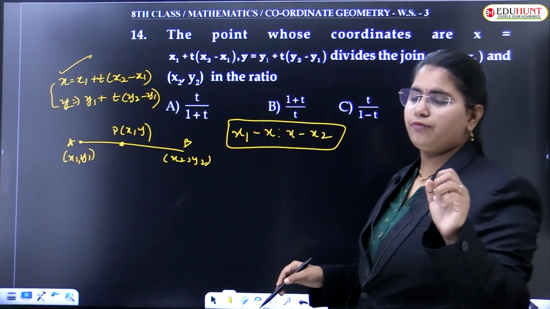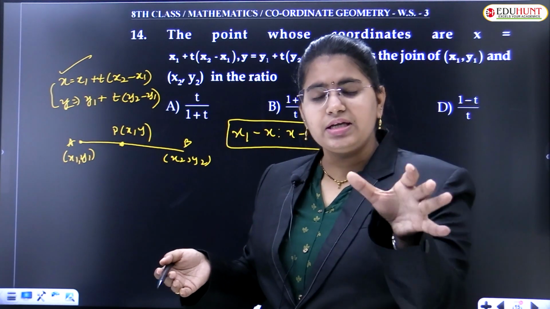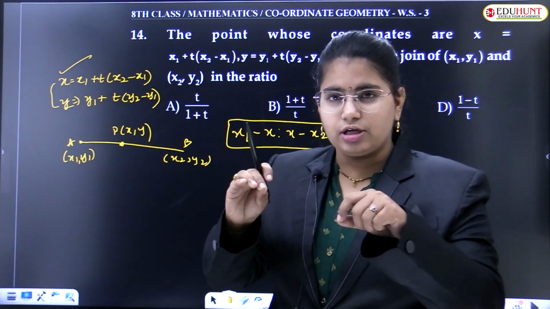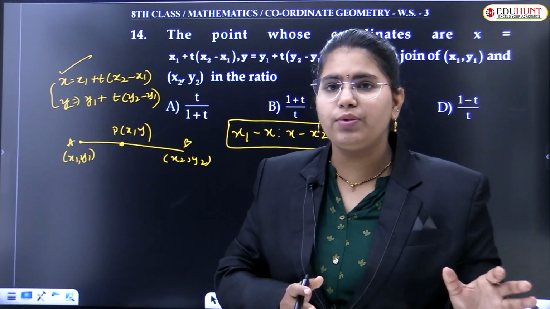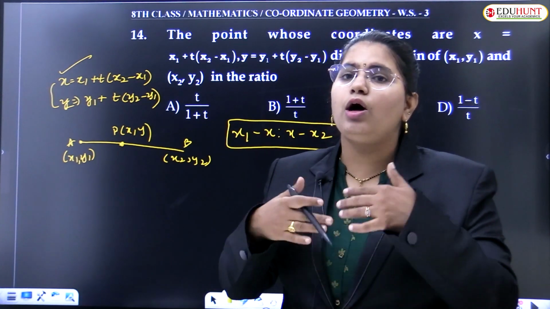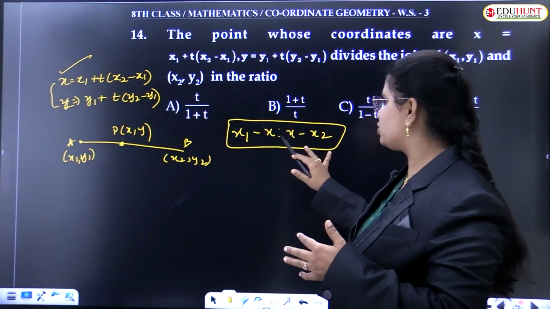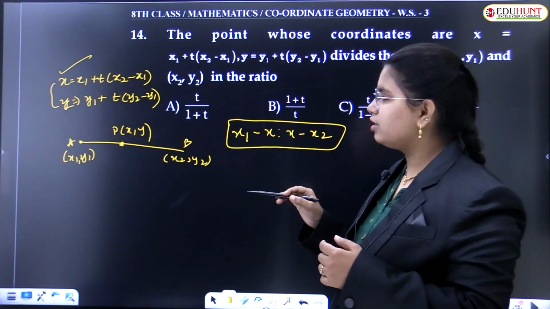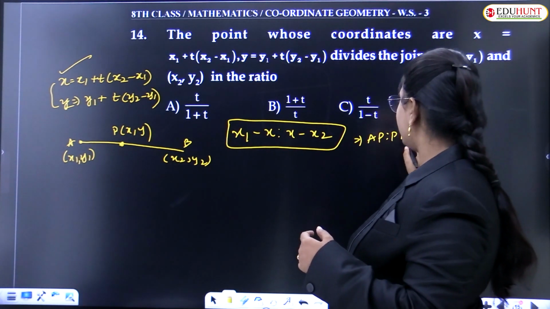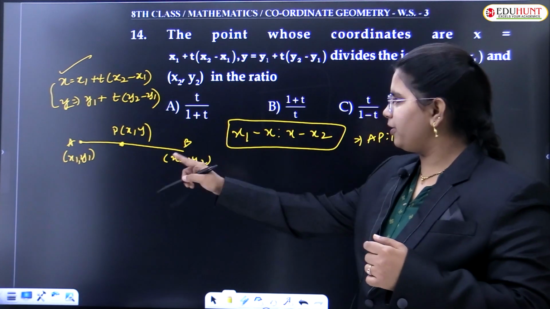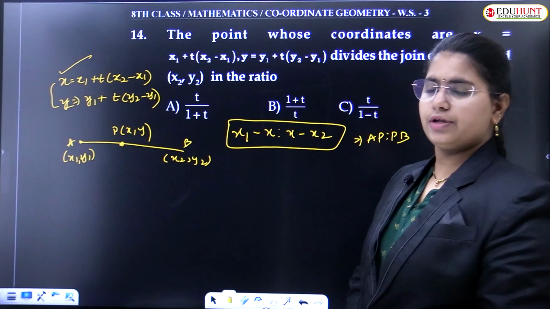I repeat again, if any point P divides the line segment joining A and B, points (x1, y1) and (x2, y2), the ratio is x1 minus x is to x minus x2, correct? So this is AP is to PB. This is how it will be getting divided in the ratio.